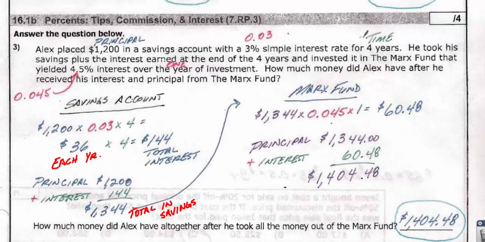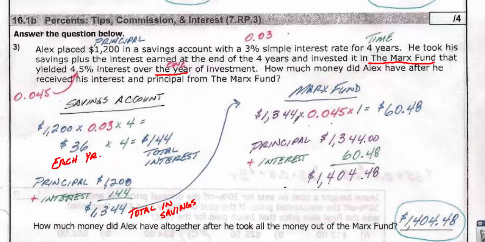Now it says at the end of the 4 years, he takes it out and he puts it in this thing called the Marks Fund. It pays 4.5%, so 0.045 over the year. When you see the year, that's 1 year. So we take his total in savings, the $1,344, multiply it by 0.045 times 1, gives us $60.48.